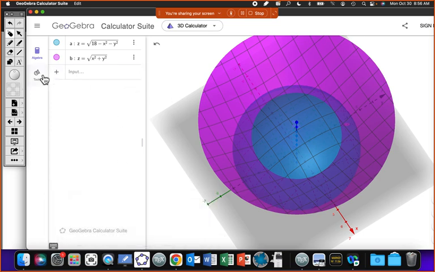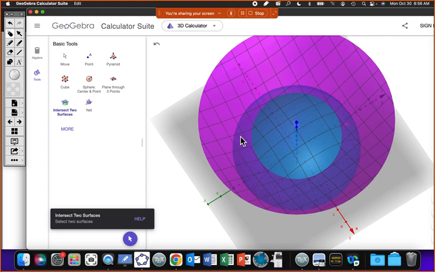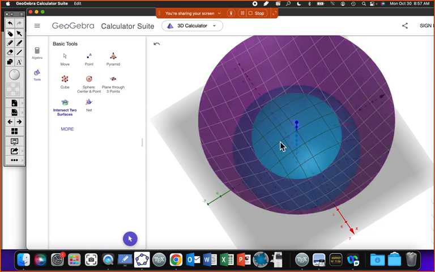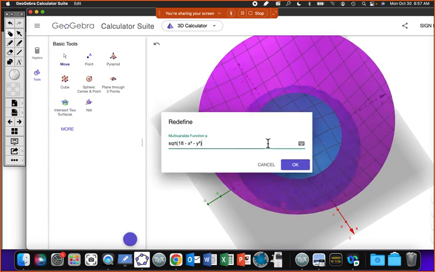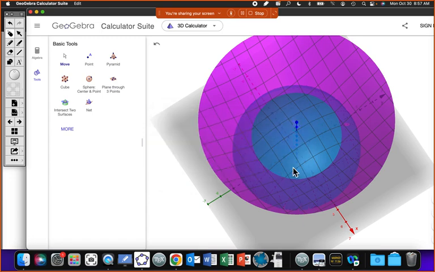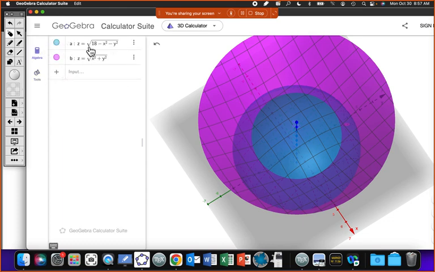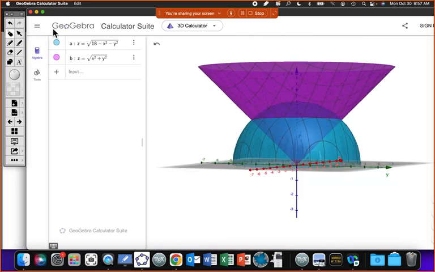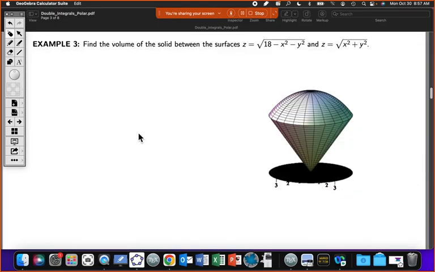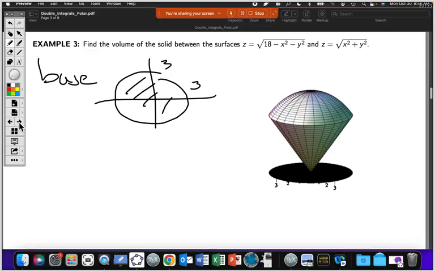Sometimes it just gets click, click, click. Oh, it didn't like that. I don't know. Sometimes it gets extra finicky, but on that one you can kind of see the circle regardless.